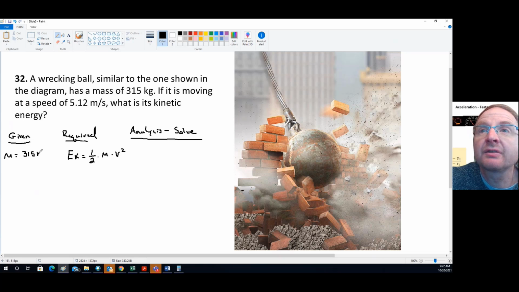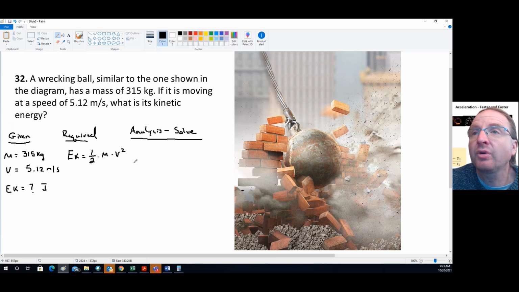Hey, we can start plugging this stuff in. Still write it out so you can check your work. Mass, a v, a velocity, a speed, 5.12 meters per second. Do I know kinetic energy? Nope. Unknown number of joules. That's in fact what we're looking for.